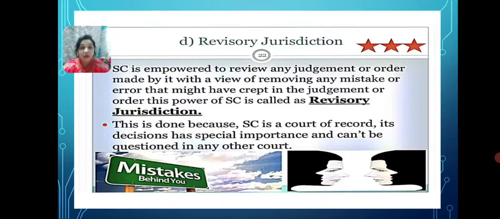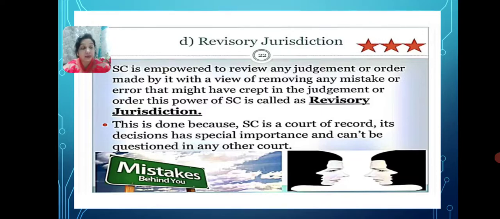So in many of the cases being transferred from subordinate courts to the higher courts, the Supreme Court, it is being revised. As I told you, it's not like since the case has been sent from a lower court to the Supreme Court, I have to give my own decision. No, it's not like that.